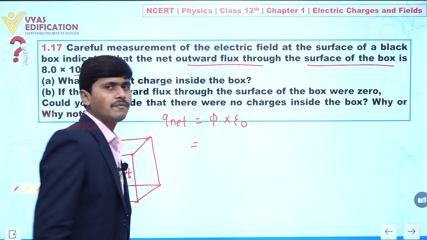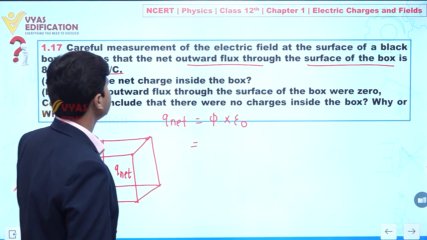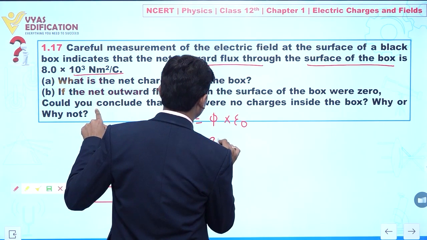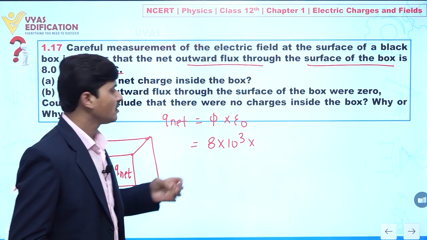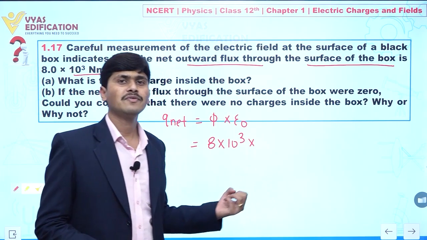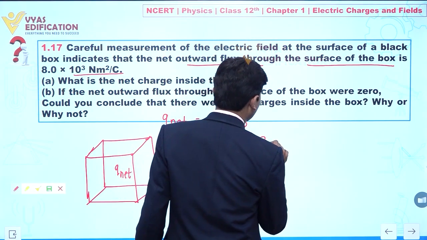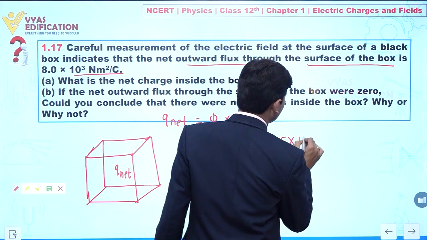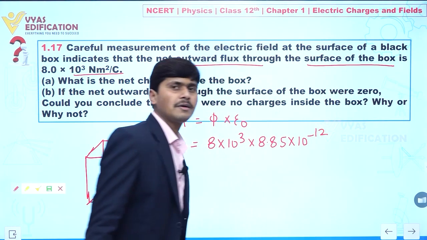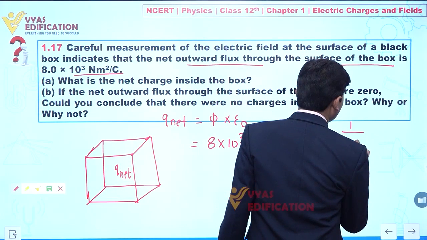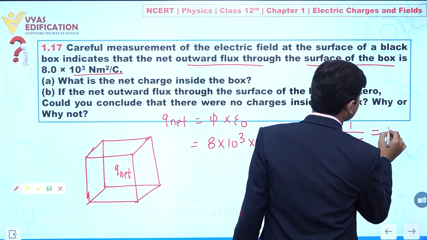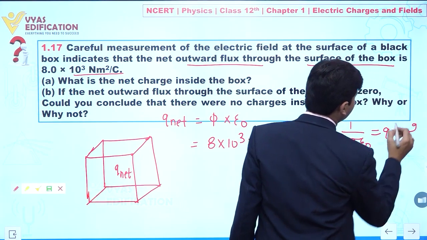The value of the electric flux is given as 8 into 10 to the power 3, multiplied by epsilon naught. How will we find epsilon naught? You know the value of epsilon naught is 8.85 into 10 to the power minus 12 Coulomb square per Newton meter square. Or you can also write 1 upon 4 pi epsilon naught equal to 9 into 10 to the power 9.